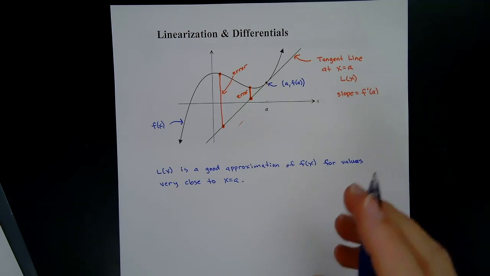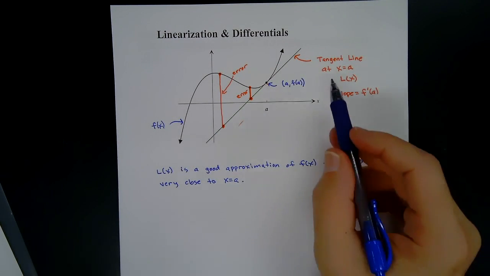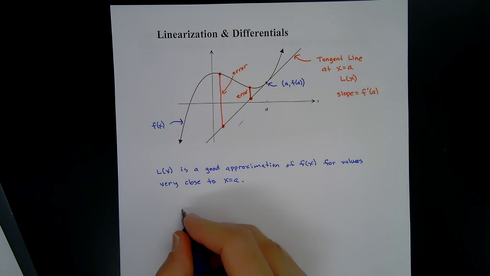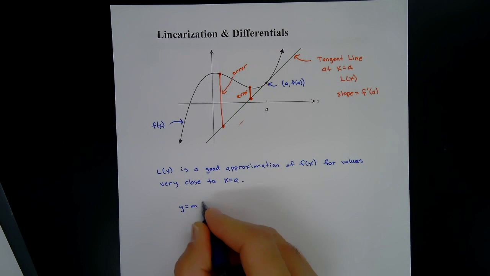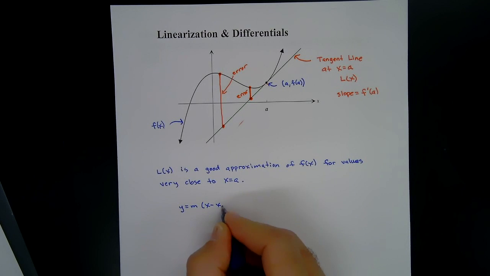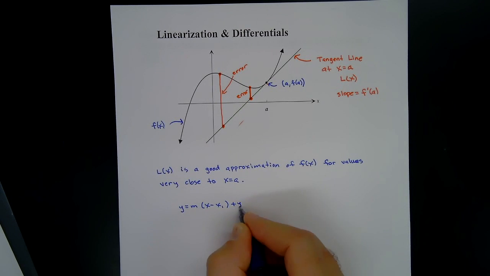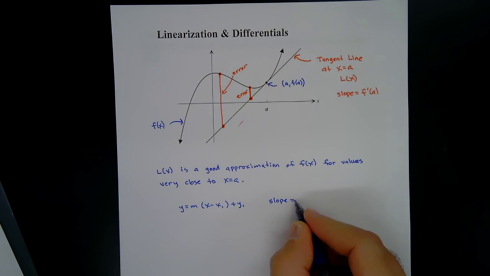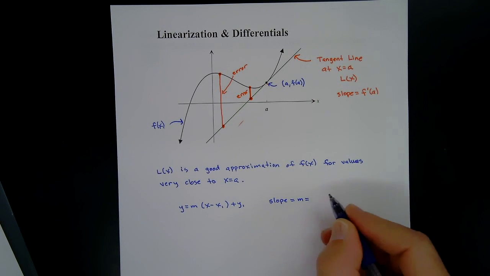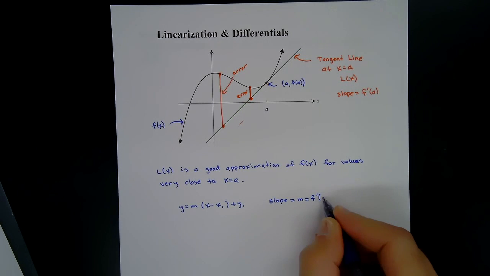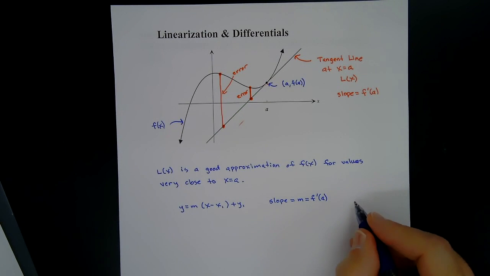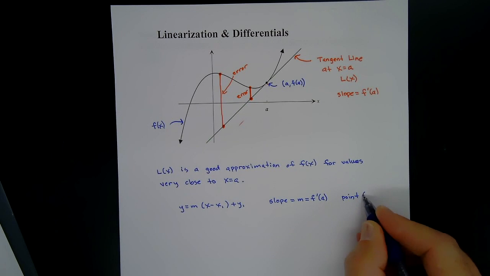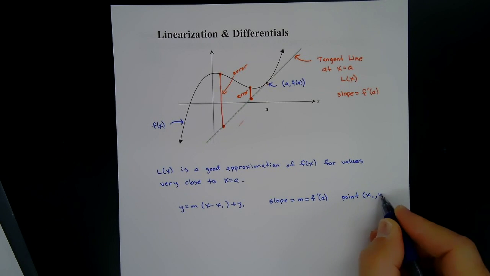All right, so a few things we need to know to come up with the equation of the tangent line. We're going to use point slope form: y is equal to m times x minus x sub 1 plus y sub 1, where the slope of our tangent line is m, which in this case is f prime of a. And we're going to have a point, which I'll label x1 comma y sub 1.